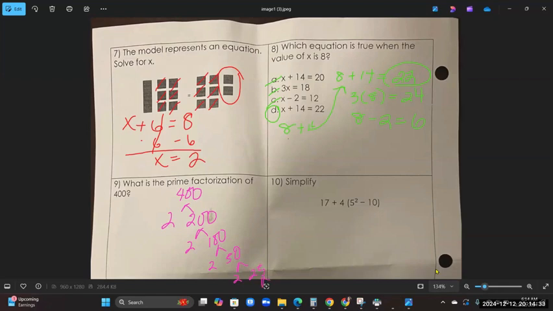And then 25 can be separated by 5. So it would be 2 times 2 times 2 times 2 times 5 times 5. Maybe written with exponents, 2 to the 4th power times 5 squared.